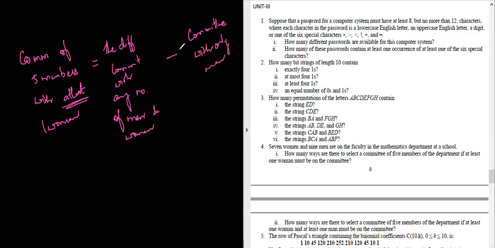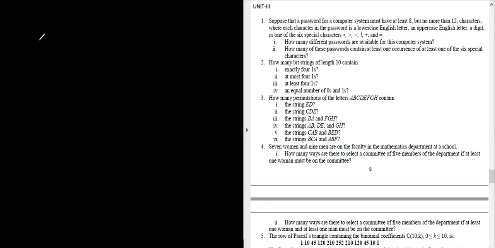If we remove the committees with only men from the total committees that are formed with any number of men and women, then we will get the committee of 5 members with at least one woman. Okay. So now for this, let's find the total committees. How many members do we have? We have 7 women and 9 men. So totally we have 9 plus 7, 16 people to do the selection from.